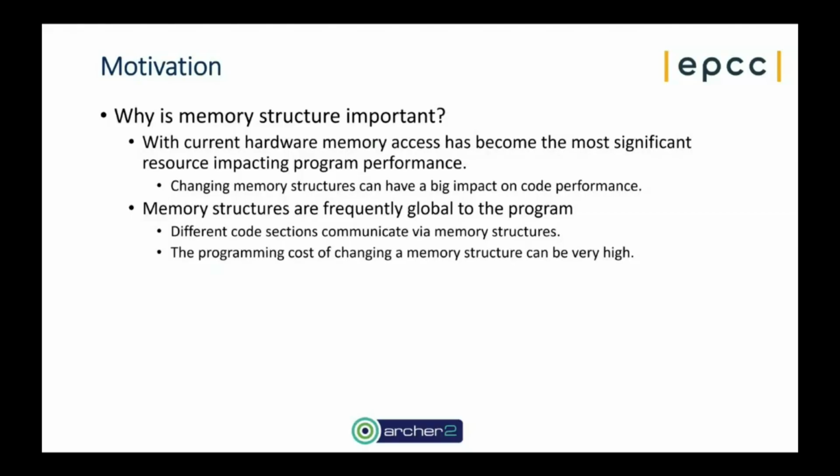This is why we have caches in processors, to try and bridge that gap. Caches are small but faster local memory on the processor, where you can store temporary data whilst you use it, and that can reduce the impact of memory being slow, because you have this temporary data stored locally, which is very fast. So making sure that you get your memory structures and your memory usage correct, and set up in such a way that it uses the cache and the memory hierarchy well, can make a big difference to your program's performance.